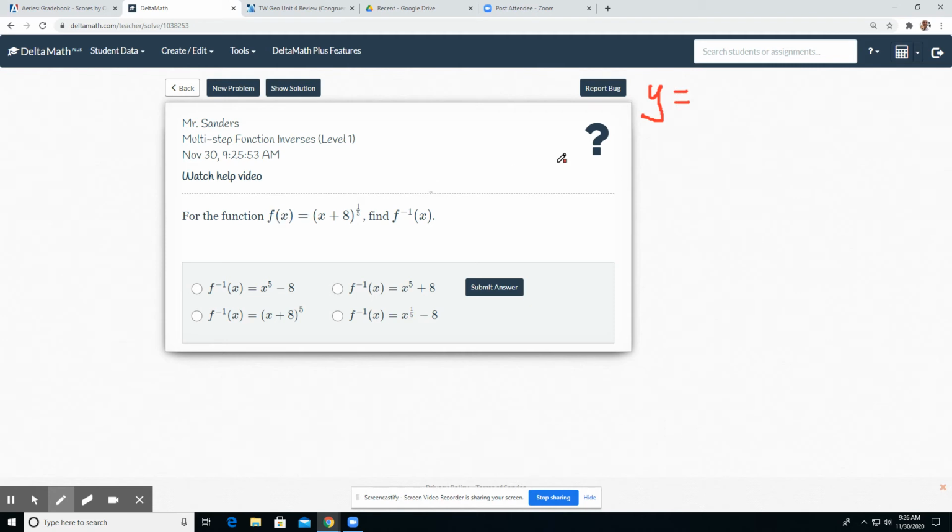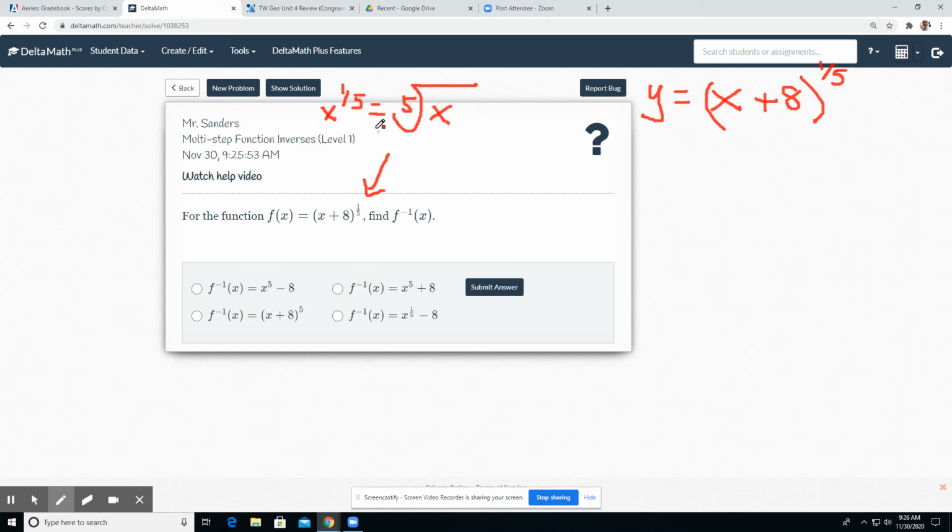So our f of x, change it to y. I'll skip rewriting the problem in this case. All right, it's good I'm doing this. I didn't even realize it. There's our 1/5 power. Just as a note, x to the 1/5, the bottom of your exponent when it's a fraction means it's a radical. These two things are equal.